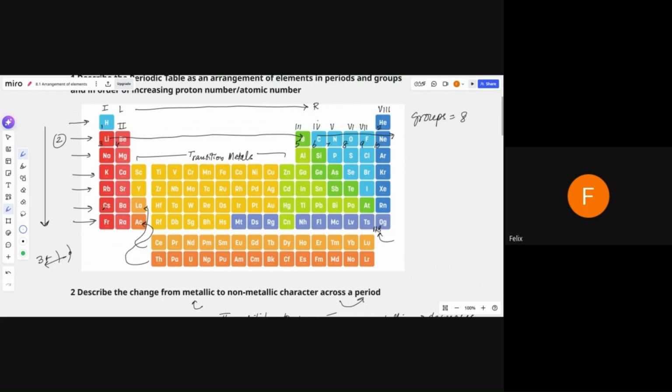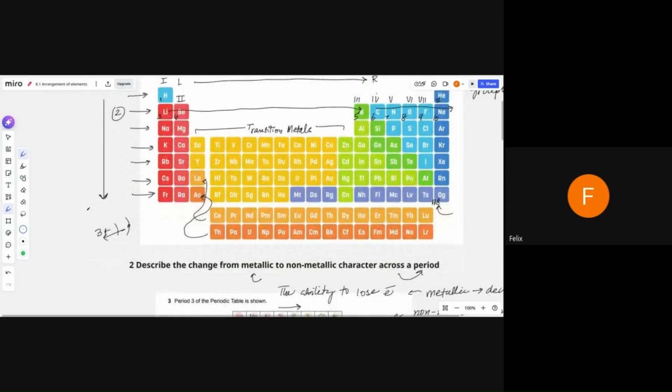But if you compare francium with lithium, right? Francium is in period 7. So we will have 7 shells: 1, 2, 3, 4, 5, 6, 7. Sorry, we don't have 7 protons. We have lots of protons. Let me check the atomic number. It's 87.